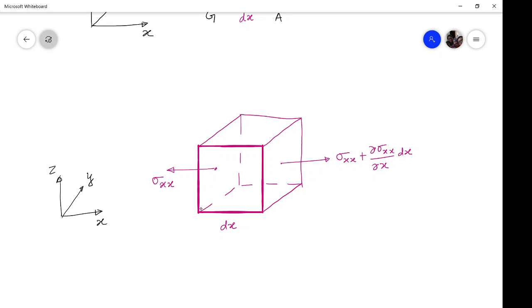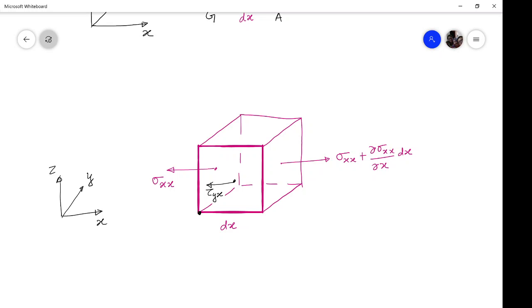As the coordinates start from here, the front face will be the negative face. So in the negative x direction, this will be tau on the y face in the x direction, tau yx.